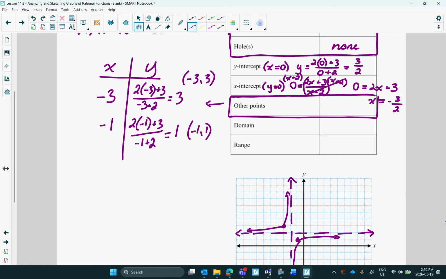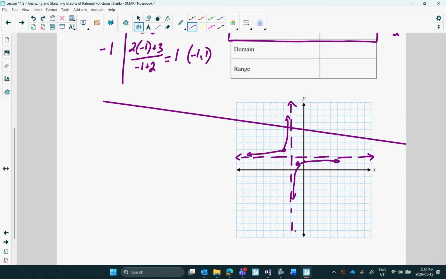It could be asked the domain and range. Remember, this is where we use the not equal. With rational functions, use the not equal. So for example, the domain goes left forever, goes right forever, but there's one value of x it can't be. Right here, the asymptote. So x cannot be -2.